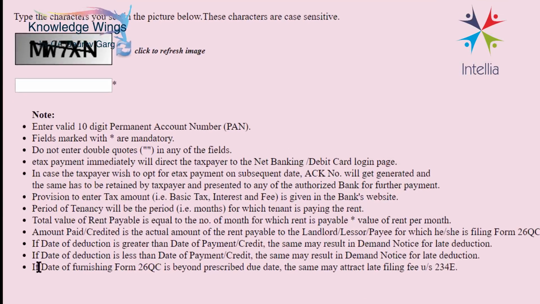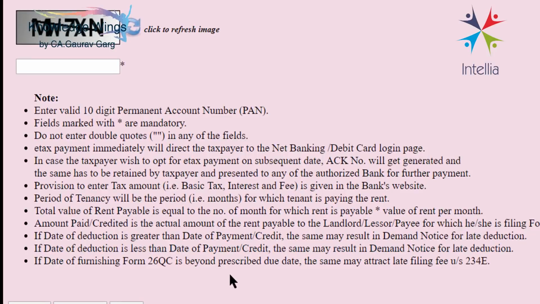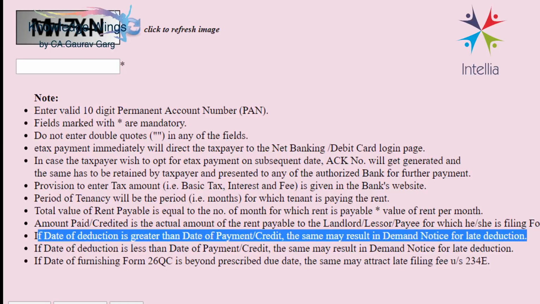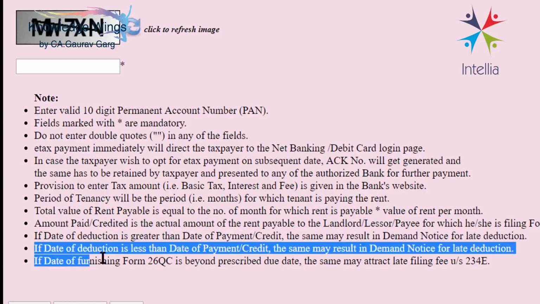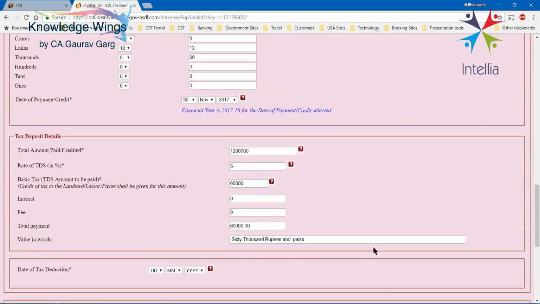You can also see the instruction here that if the date of furnishing Form 26QC is beyond the prescribed due date, the same may attract a late filing fee under Section 234E. As well as, if the date of deduction is greater than the date of payment, or if the date of deduction is less than the date of payment, the same may result in a demand notice for late deduction.